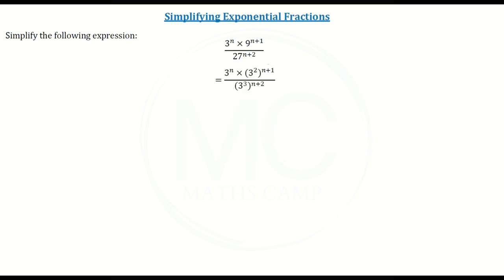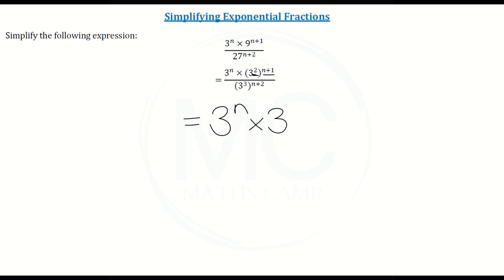Our next step is to multiply the exponents inside the brackets by the exponents outside. Let's put in our equal sign. We have 3 to the power of n. We can leave it as it is. Now we have a base of 3. Inside our bracket, we have an exponent of 2.